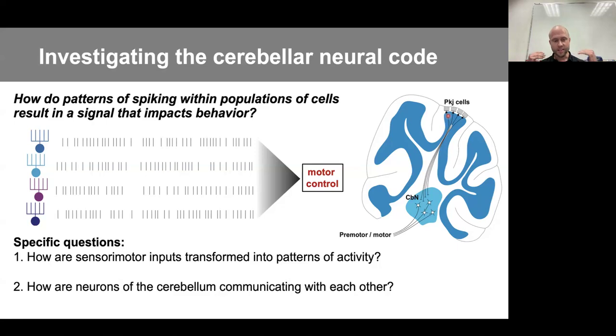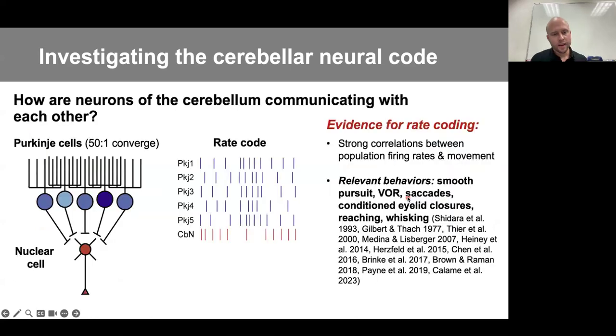And then subsequently, how are neurons of the cerebellum communicating that transformed information to one another? Specifically, I have a great interest in understanding how information is being transmitted between the cerebellar cortex and neurons of the cerebellar nuclei.